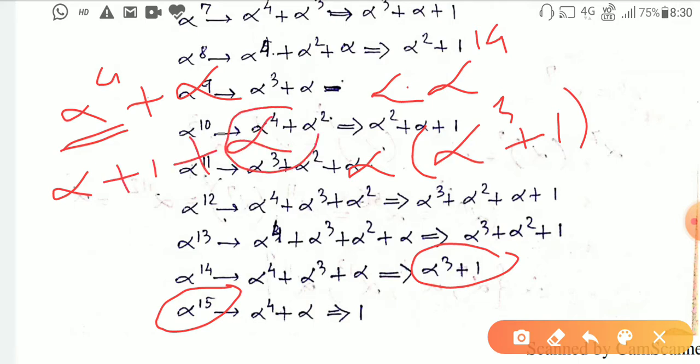So alpha is used two times, alpha plus alpha, and taking alpha common, the coefficient will be 1 plus 1. Because this is a binary condition, you have to do a mod 2 operation, and 1 plus 1 addition result will be 0. So these two portions vanish, and the result will be only 1, and it is written as 1 in this case.